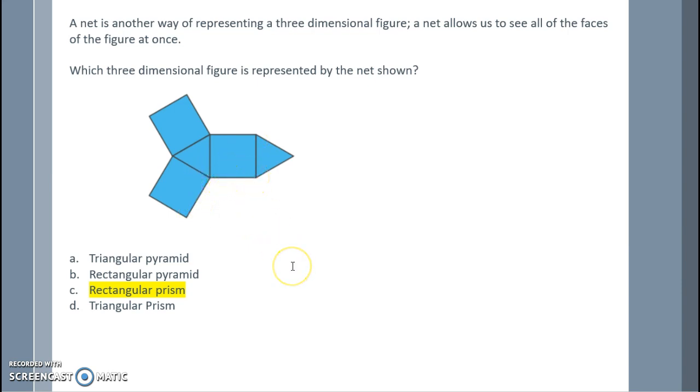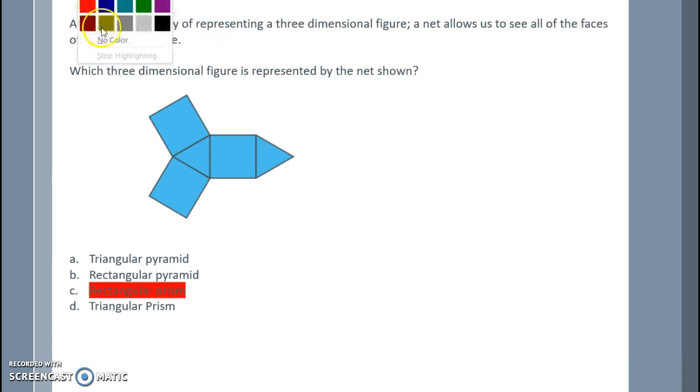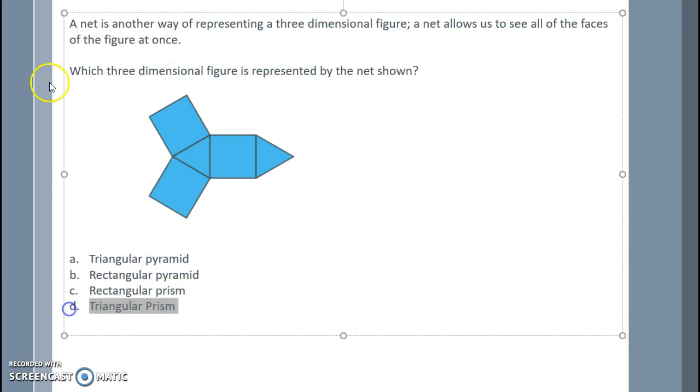So it creates a nice prism, but it shouldn't be a rectangular prism. No, it would be a triangular prism. So we need to not highlight this one. Perfect. Triangular prism.